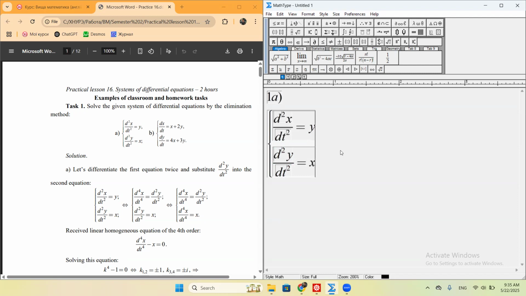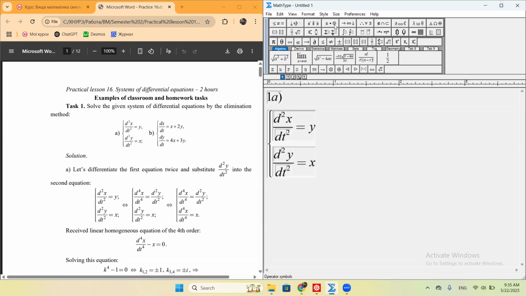So we will differentiate the first equation twice. Okay.